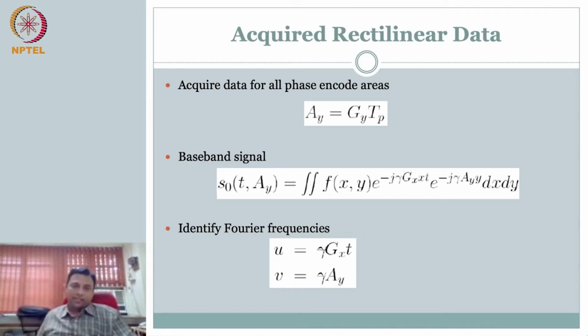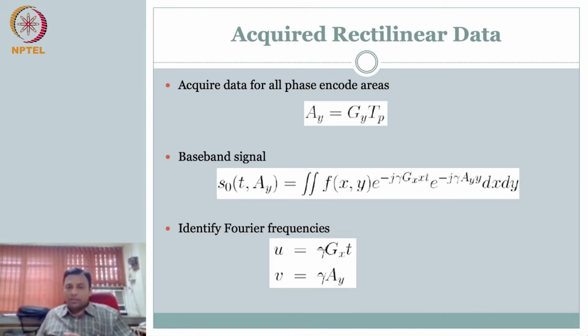So what you have is S0 of t comma frequency and phase, essentially, right? This is the signal, the integral of f of x comma y e power minus j gamma Gx x t e power minus j Ay y dx dy. This is the same equation we saw before. And we can readily identify, like we said, what is your u direction frequency and what is your v direction frequency.